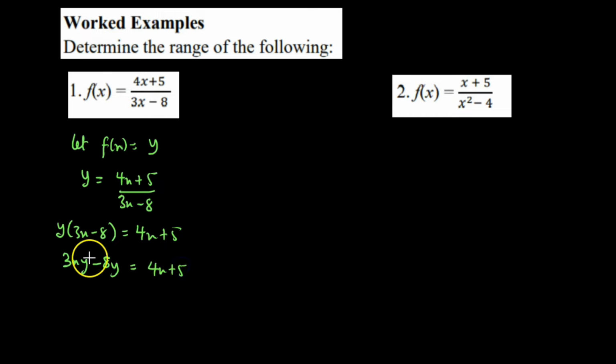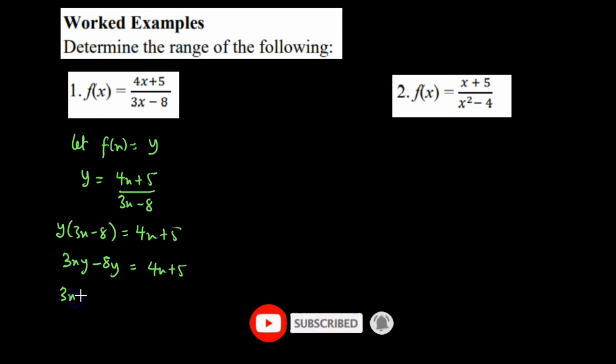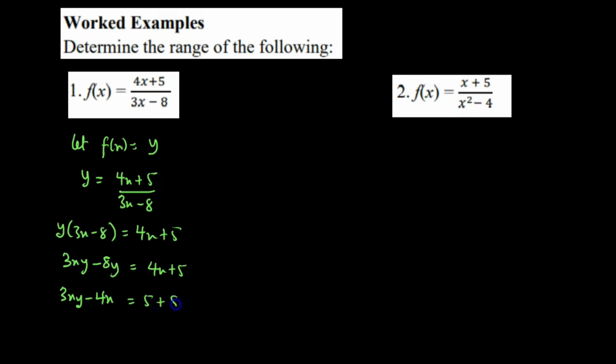We have some of the x values on the left hand side as well as some on the right hand side of the equal to sign. So grouping terms, we have 3xy minus 4x equal to 5 plus 8y. Remember, we need to state the range in terms of the y value, so we have to make x the subject.